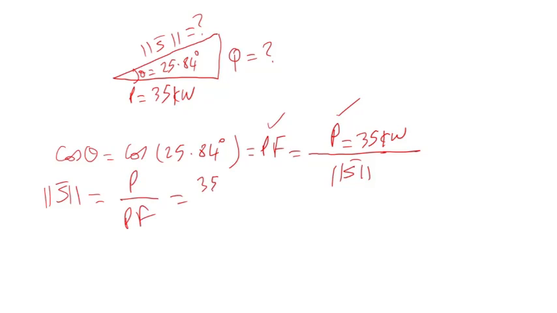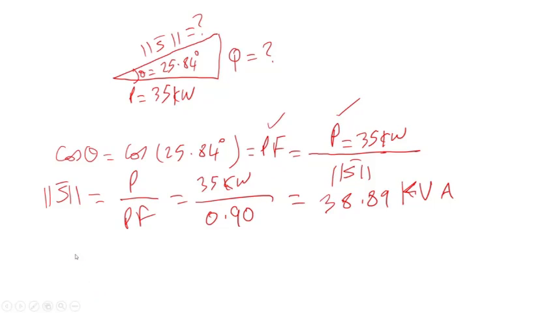So 35 kilowatts divided by 0.90, which is 38.89 kVA, because I have kilowatts, so kilo, so kVA. So that's the complex power.